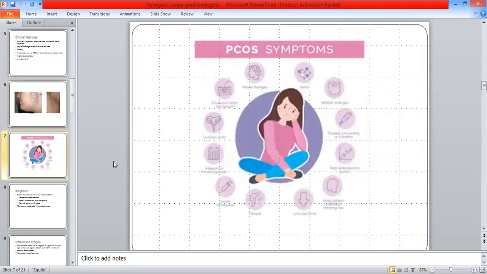This is the second picture, showing a patient suffering from polycystic ovary syndrome, but this picture is not much clear.